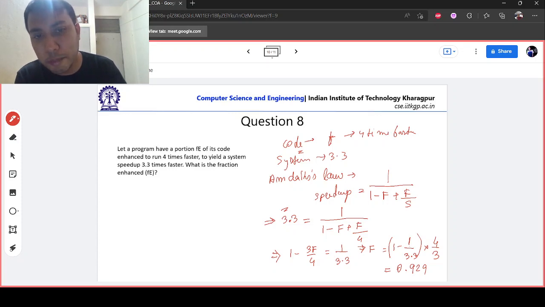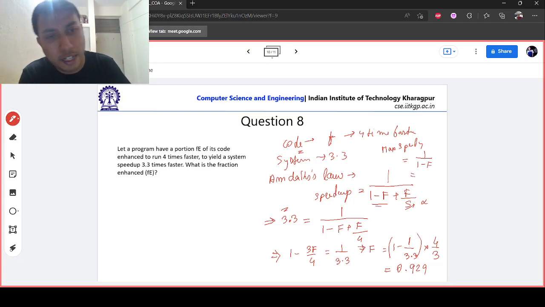One more thing you will notice: what can be the maximum speedup that is possible? The maximum speedup is possible when s tends to infinity. In that case, the max speedup will be 1 by (1 minus f).